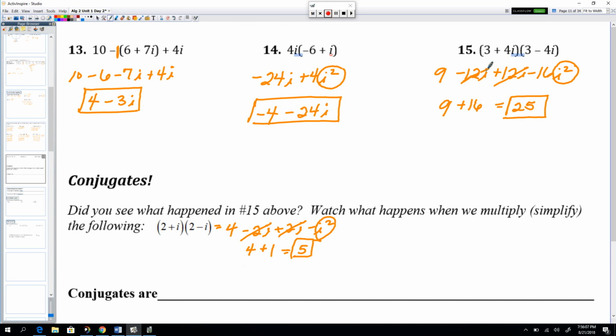Conjugates are what we just used. So 3 plus 4i is the conjugate for 3 minus 4i, and vice versa. 2 plus i is the conjugate of 2 minus i, and vice versa. So conjugates are the same binomial with the opposite sign on the second term.